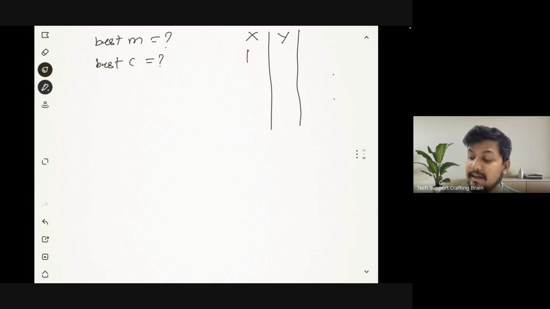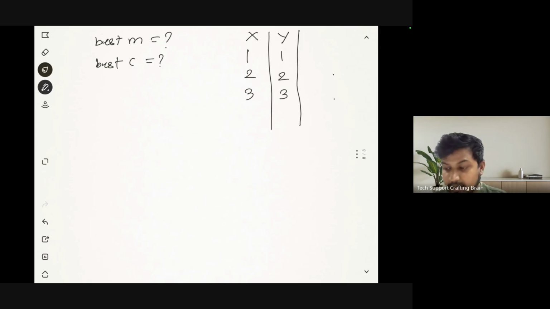Just for simplicity, X and Y both I'm taking as one. X is 2, Y is 2, X is 3, Y is 3. So we already have a formula, Y is equal to mx plus c. I'm writing one more formula.